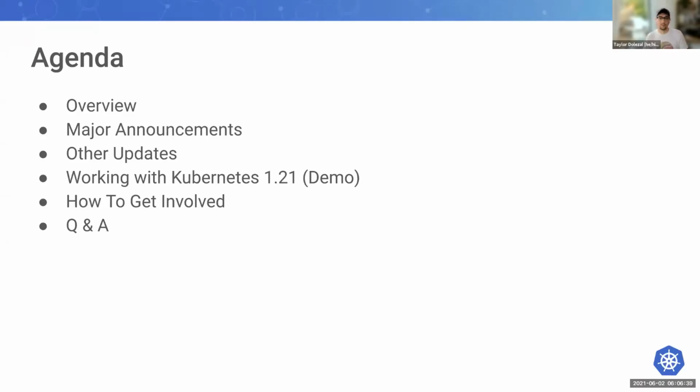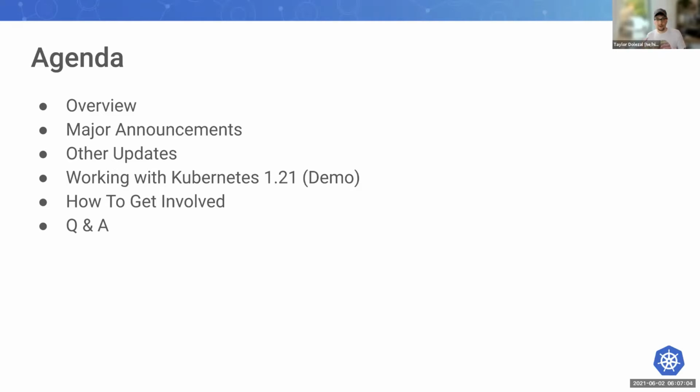So what actually are we going to be covering today? I'm going to be covering just an overview of Kubernetes 1.21 and maybe an Easter egg or two that you might not know about. After that, I'm going to walk into the major announcements for the Kubernetes 1.21 release. We'll talk about some other updates too, some honorable mentions.